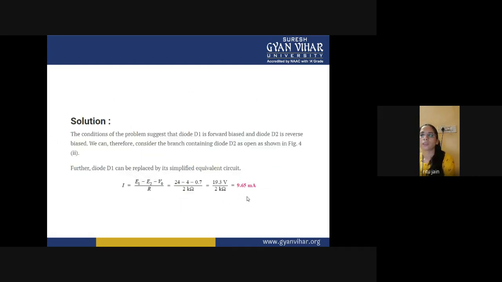I think now you are very clear about the small things: forward biasing of a diode, reverse biasing of a diode, and what current is flowing through the diode. So you are clear about these numericals or basics of the diode.